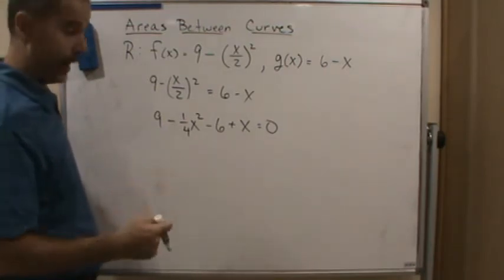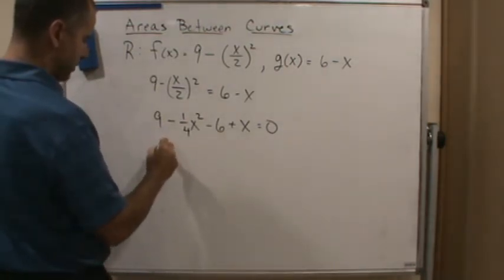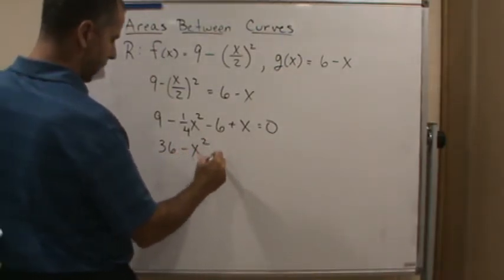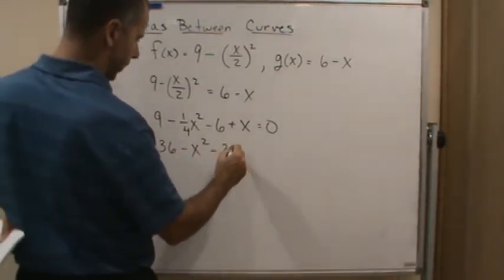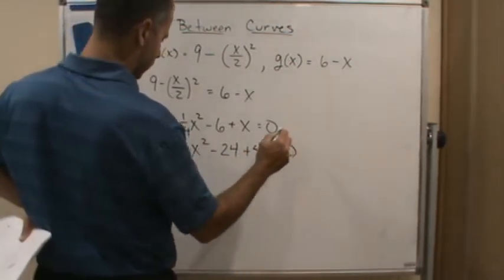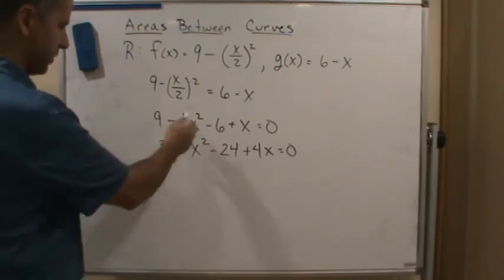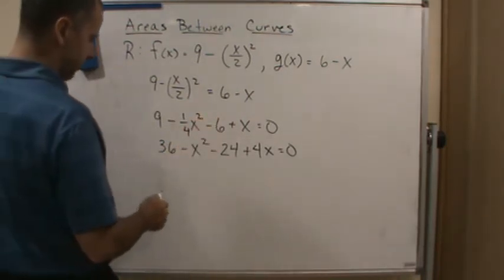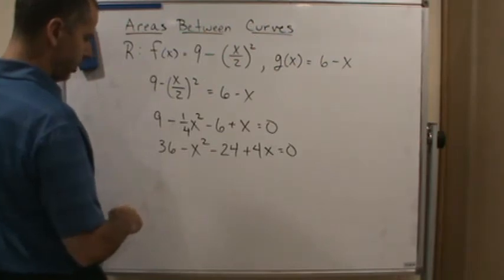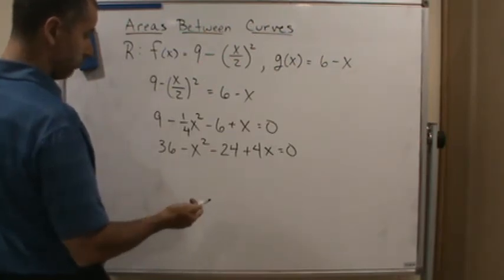There's no reason why I can't do that. So let's write this as 36 minus x squared minus 24 plus 4x equals 0. And now I'm going to simplify this. I could have simplified it up here, I didn't think of it. So if I do 36 minus 24, that's going to give me 12.